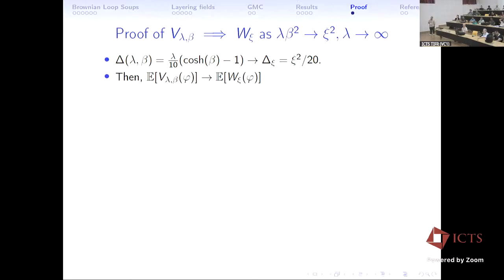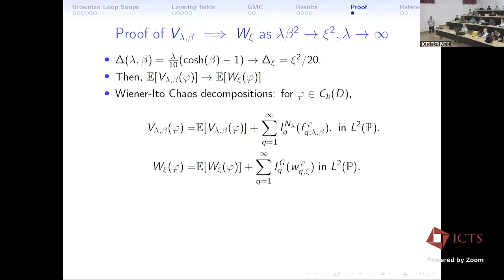Then phi is a continuous bounded function on D, so it's a test function. If you test v lambda beta with phi, and w psi with phi, then the expectation of v lambda beta of phi converges to the expectation of w psi of phi.